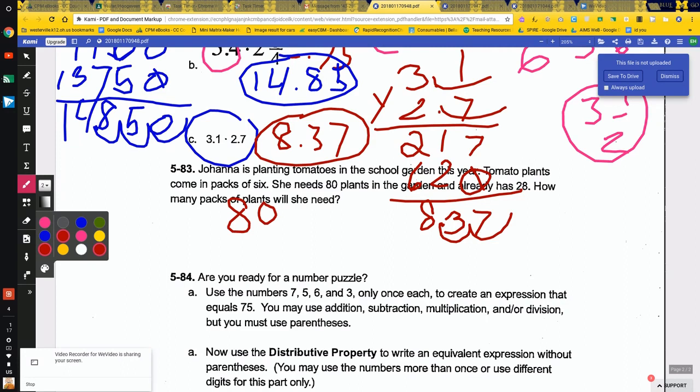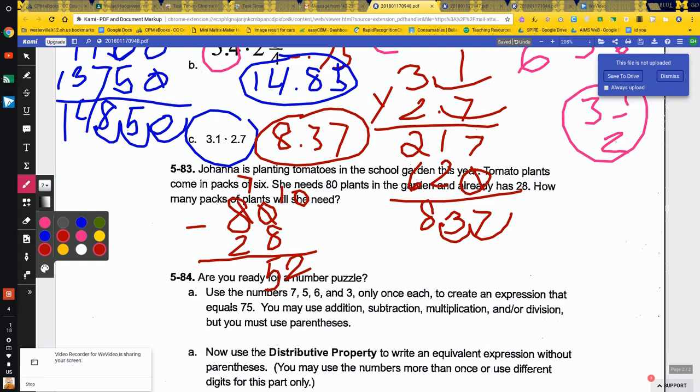So we can subtract that 28 from 80 to see how many he really needs to buy. 80 minus 28 is 52. So he's got 52 plants he needs.